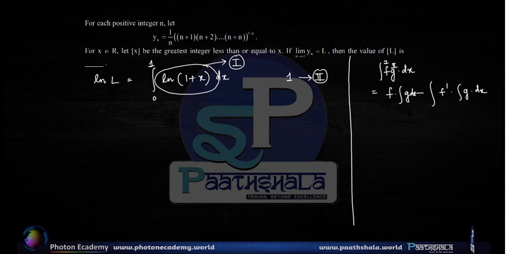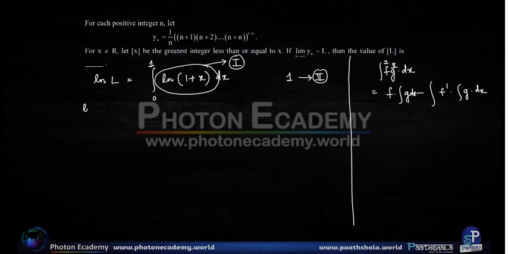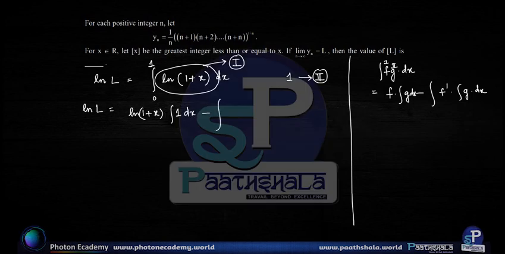So using that, we have ln L is equal to the first function, ln(1 plus x), into integration of 1 dx, minus the integration of differentiation of first into integration of 1 dx, whole integration.